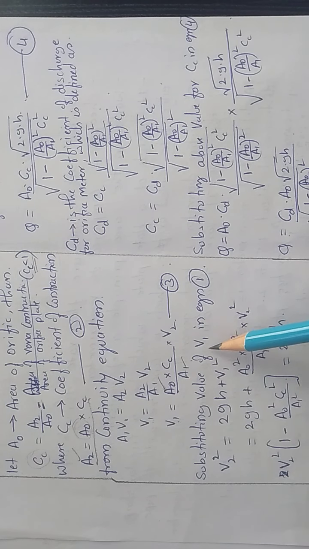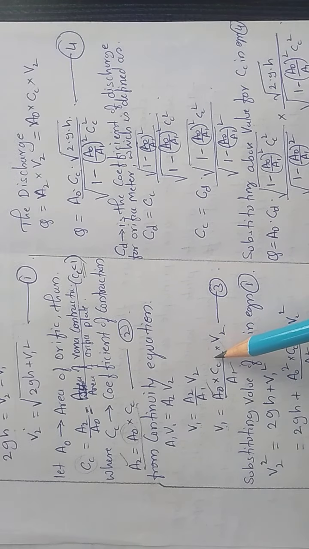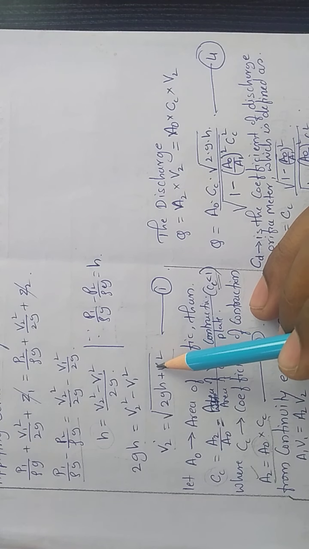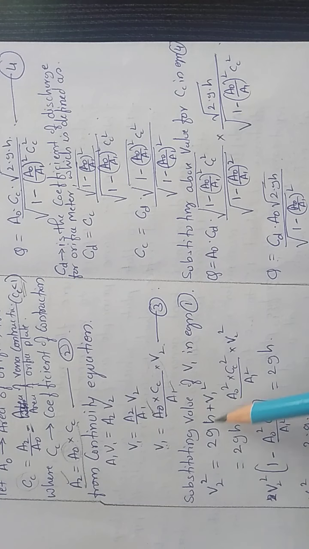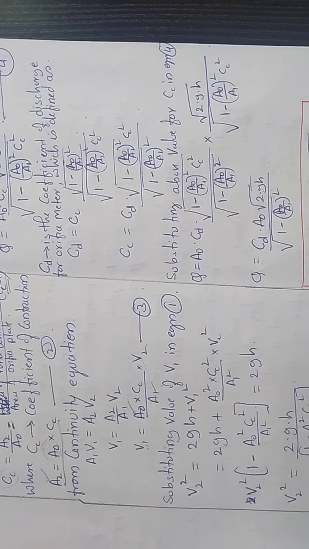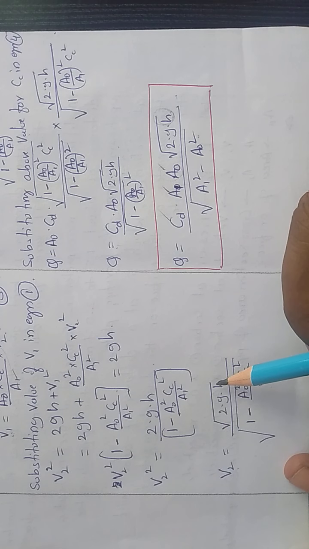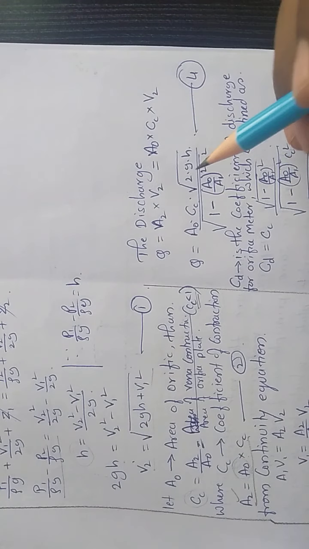Now substituting this expression of V1 in equation 1, where we have V1 squared, and simplifying, you will get the expression for V2 as square root of 2gh divided by square root of 1 minus A0 squared Cc squared divided by A1 squared.